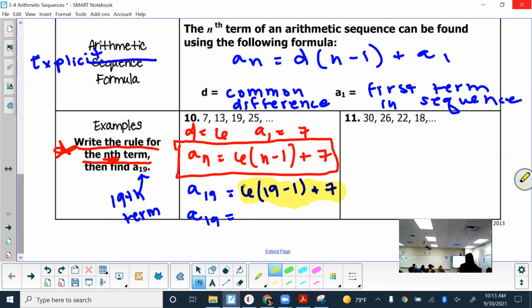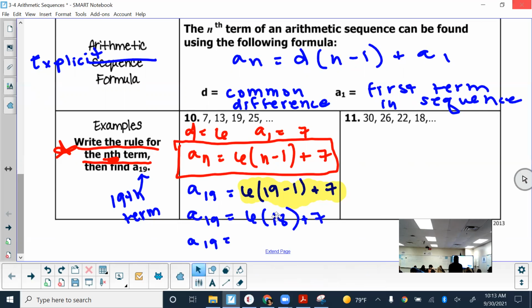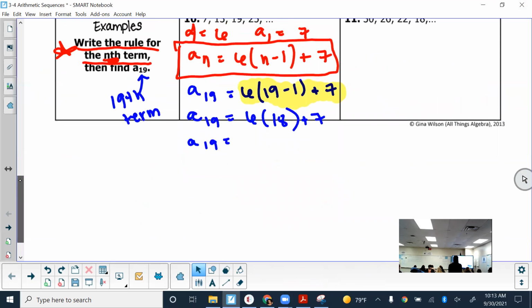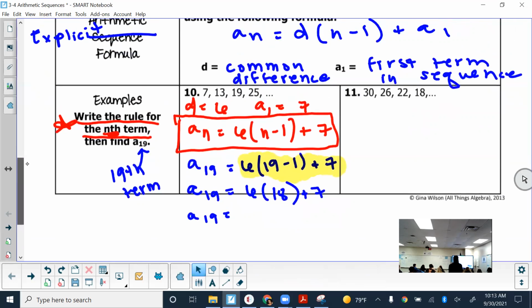All right, or you can simplify it by hand. So parentheses first, what's 19 minus 1? 18. All right, and then continue with your order of operations. What's 6 times 18? 108.